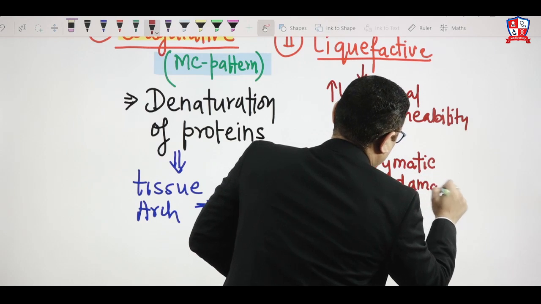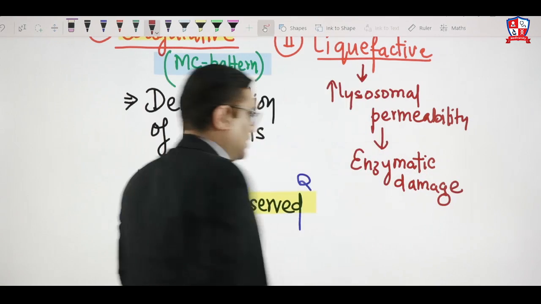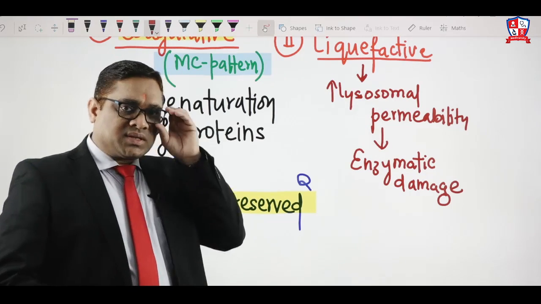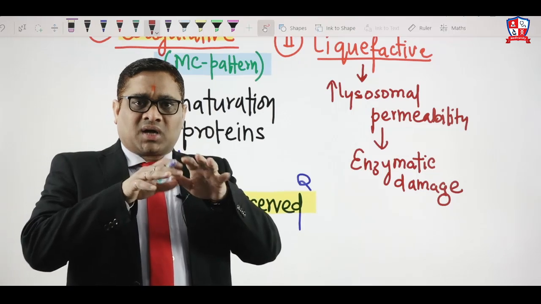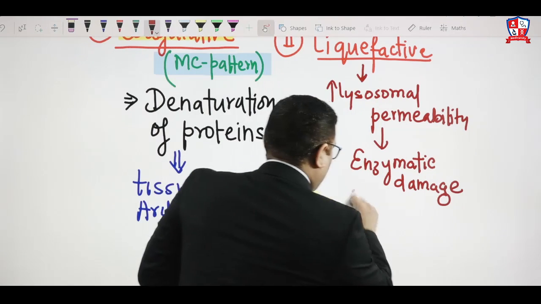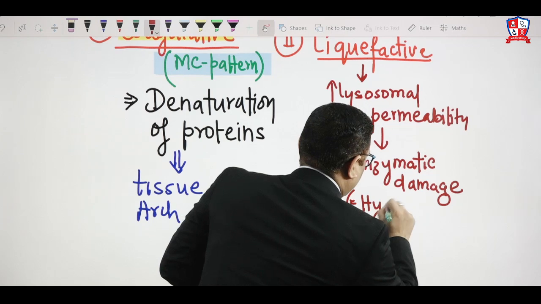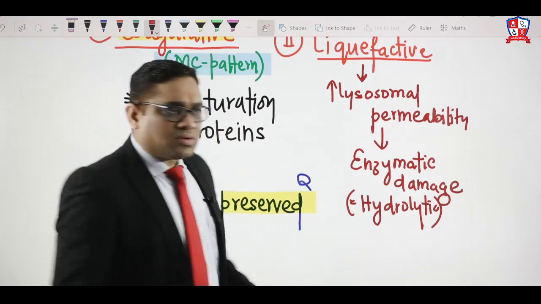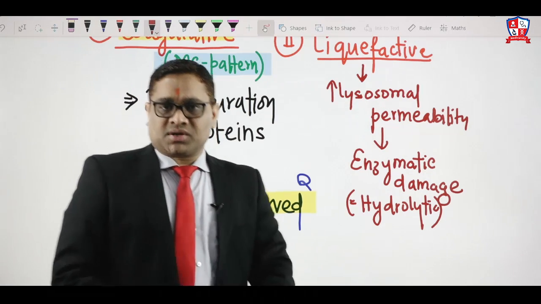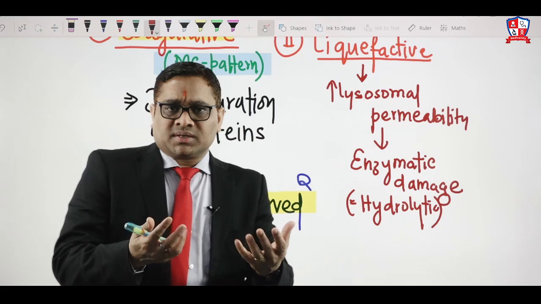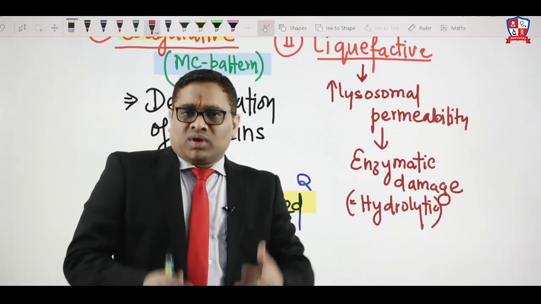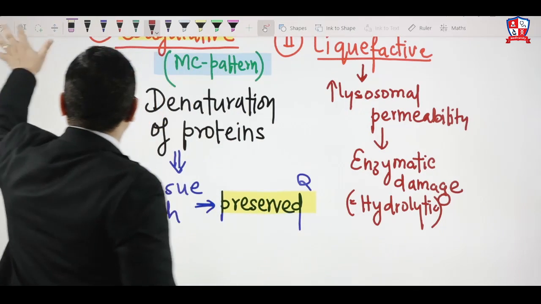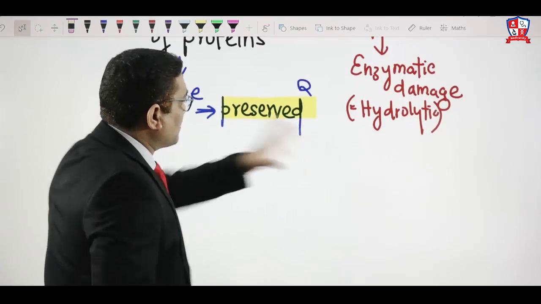Whenever an enzyme acts on any tissue or cell, it causes hydrolysis, so enzymatic damage is hydrolytic damage. They will liquefy the tissue, and in liquefied areas you will never find any tissue architecture, so tissue architecture will be lost in liquefactive necrosis.